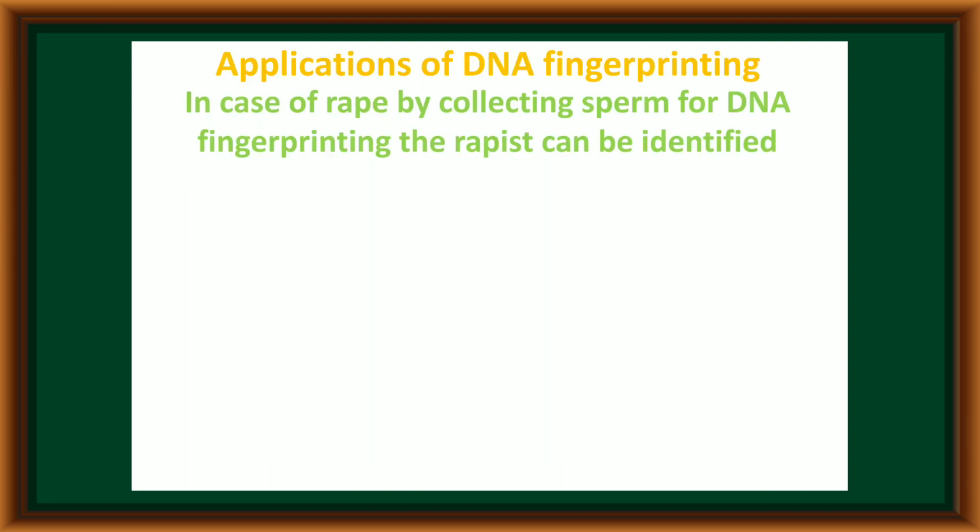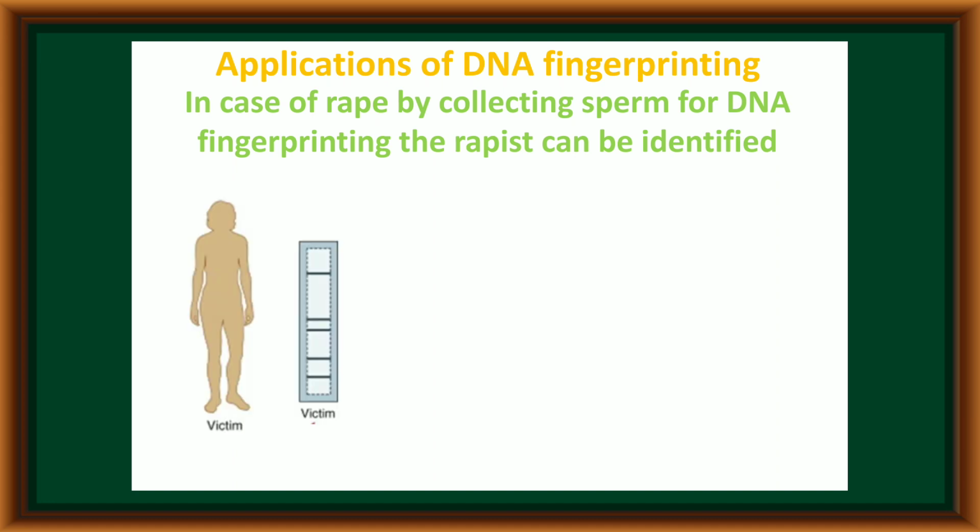The DNA fingerprinting technique is useful for various purposes, especially in cases of rape. In a case of rape, with the help of DNA fingerprinting, one autoradiogram picture is developed from the victim. In such a condition, the sperm is collected from the victim of the rapist.